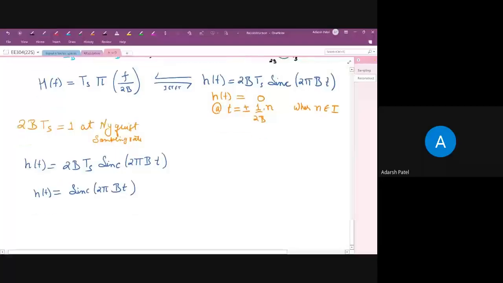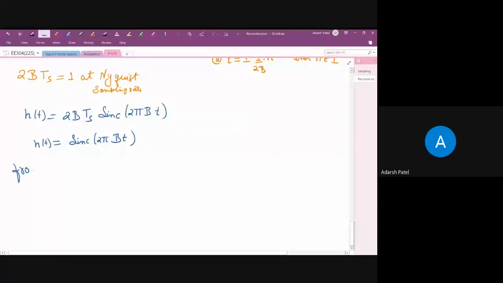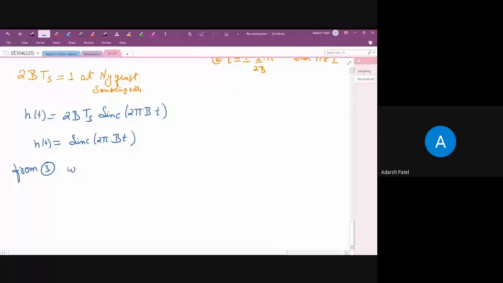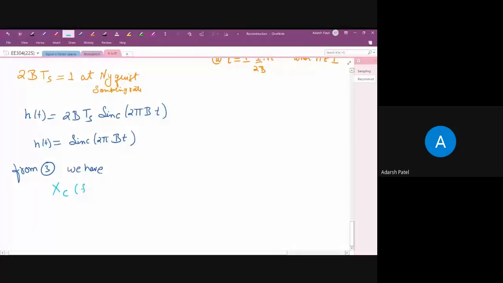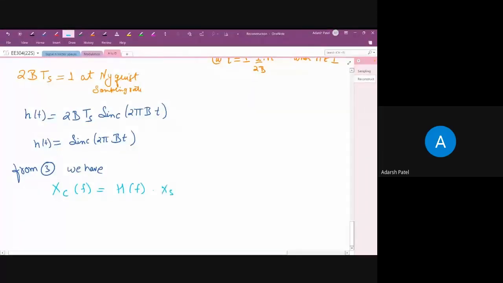Okay, and if I see equation number 3, from 3 we have Xc(f), I am going to write this again below, as H(f) times Xs(f).